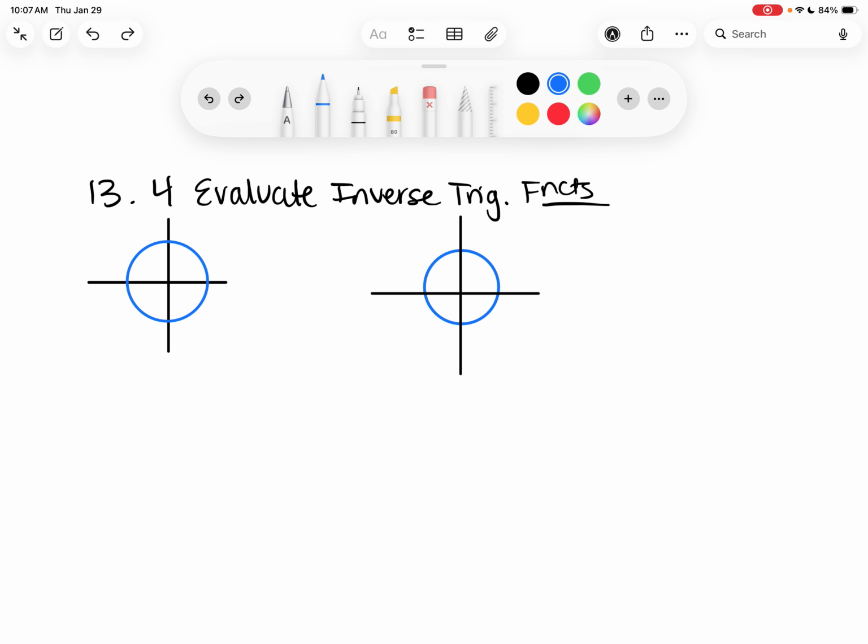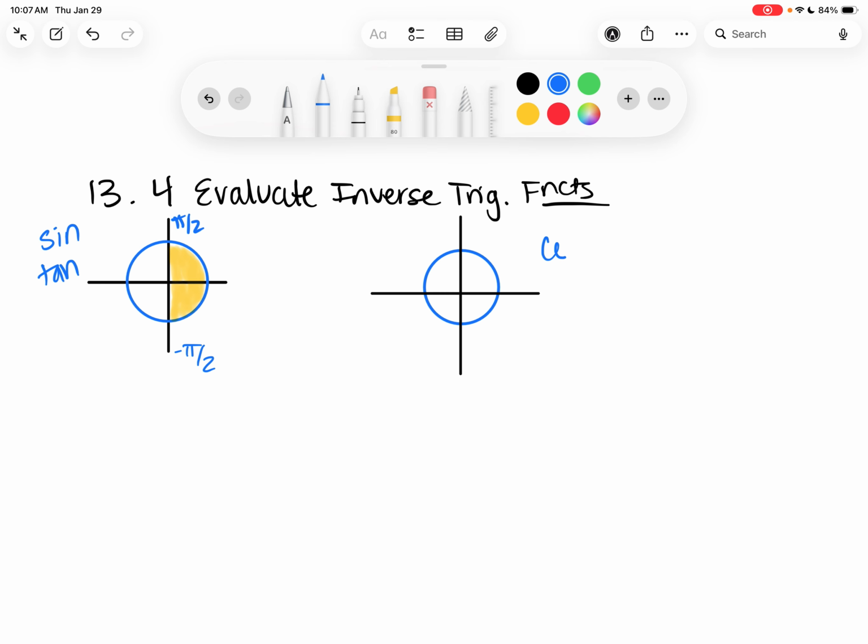All right, so tangent and sine occur from minus pi over 2 to positive pi over 2. So they occur on this side.